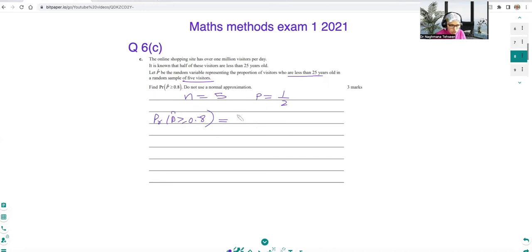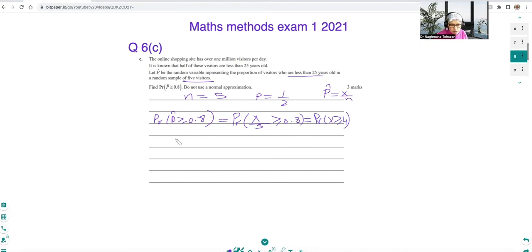So first, let's check that out. P hat is equal to X over N, and we know N is 5. So X over 5 is greater than or equal to 0.8. That means the same as saying the probability of X greater than or equal to 4.